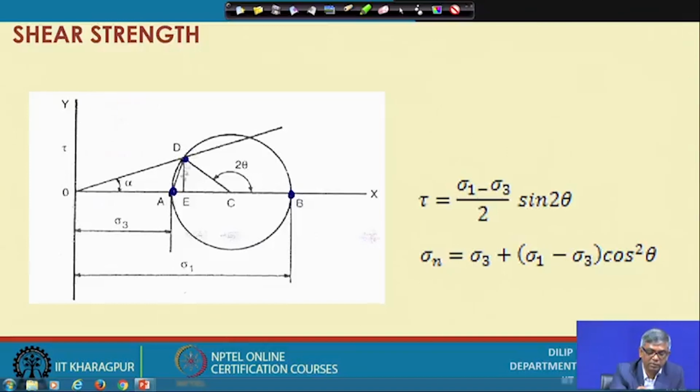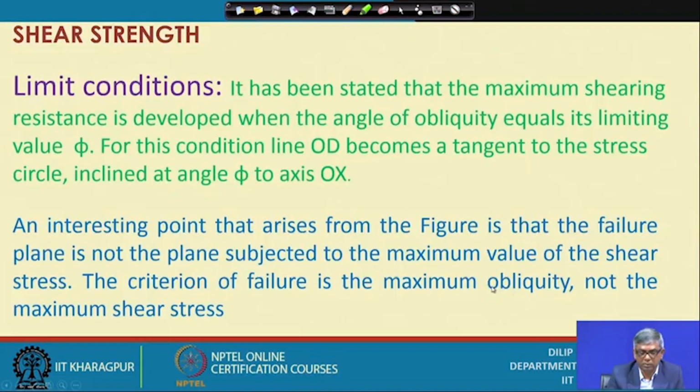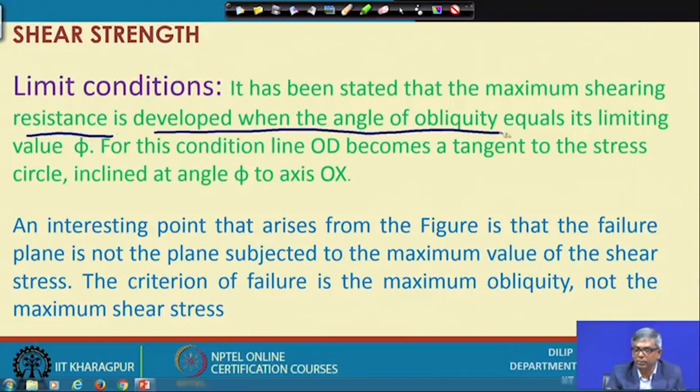On that plane, what is the normal and what is the shear stress, one can find out using this equation. Now the limit conditions: maximum shearing resistance is developed by the soil when the angle of obliquity equals its limiting value phi.